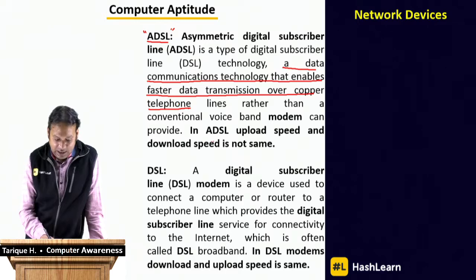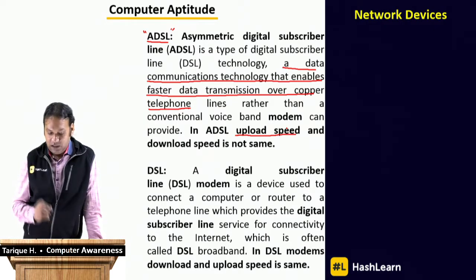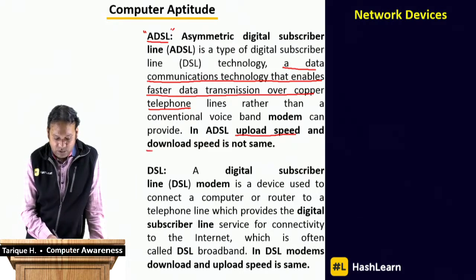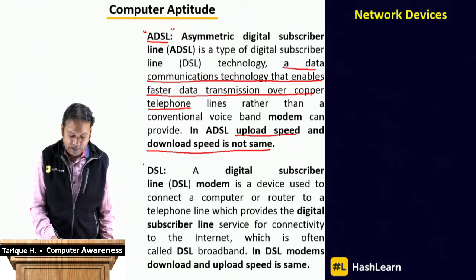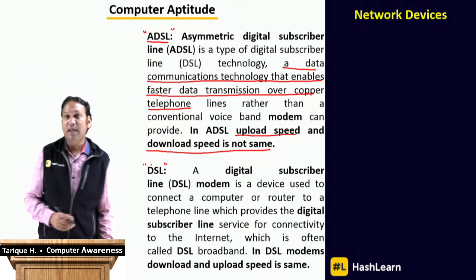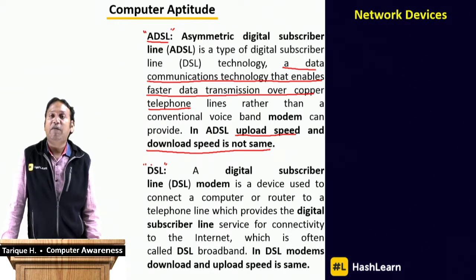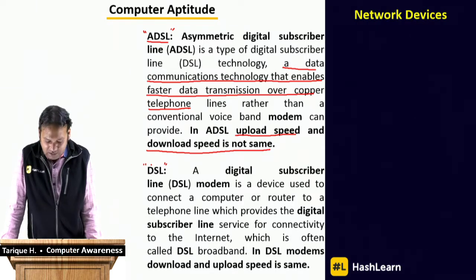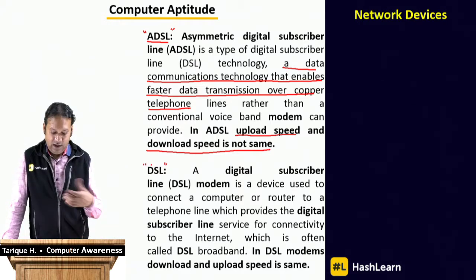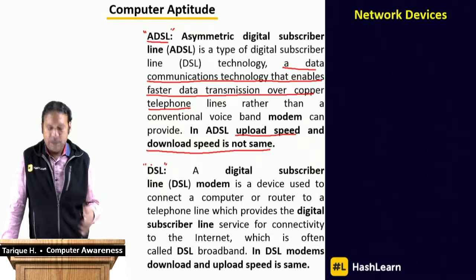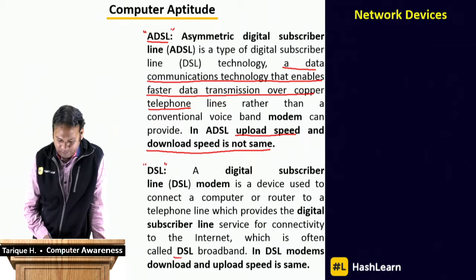Okay, the main concept is this: in an ADSL modem, the upload speed and download speed are not the same. Now the other type of modem that you will see sometimes in offices particularly is a DSL modem, a digital subscriber line. Again, for faster connectivity with the internet, it is a device used to connect a computer or router to a telephone line, which provides the digital subscriber line service for connectivity to the internet, which is often called DSL broadband.